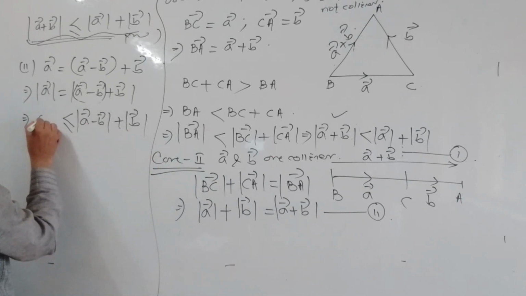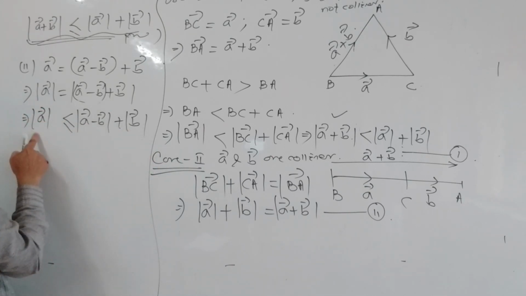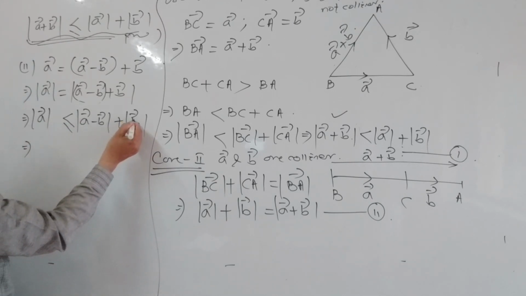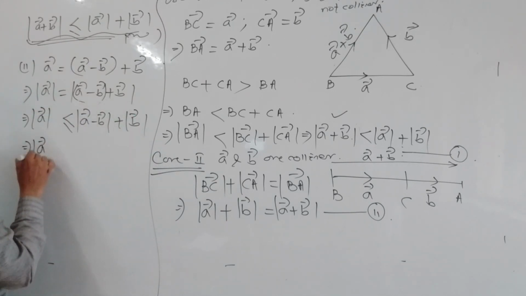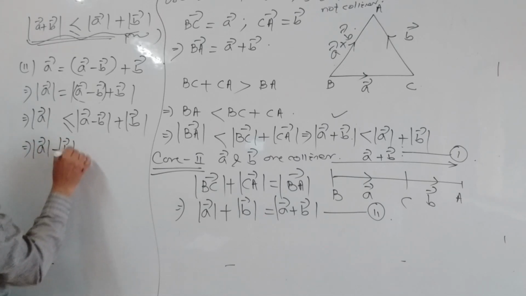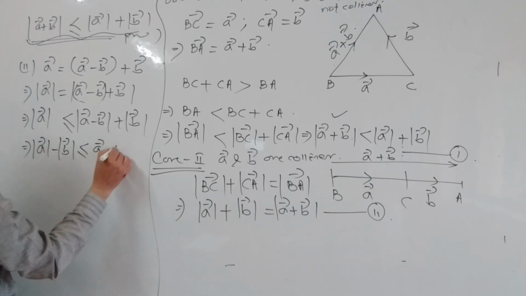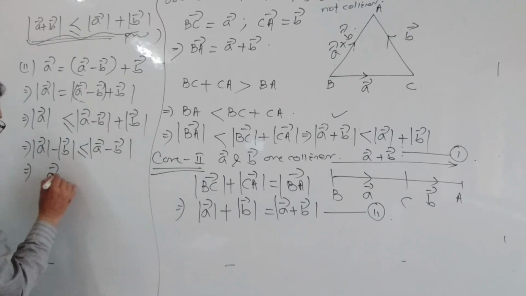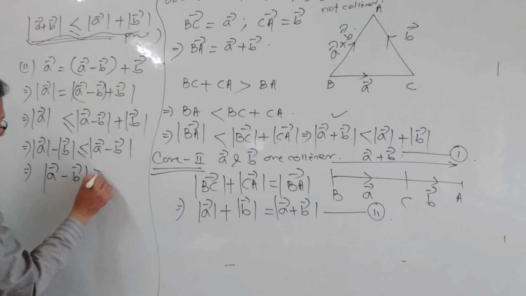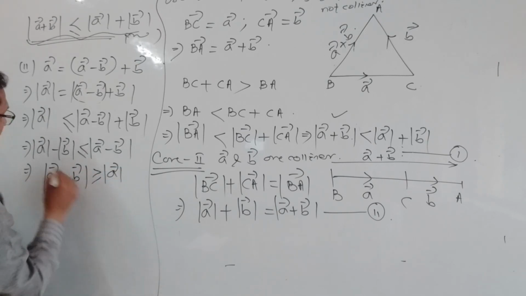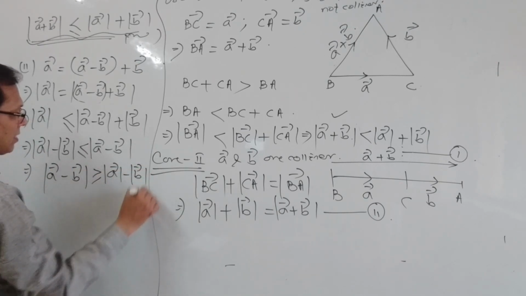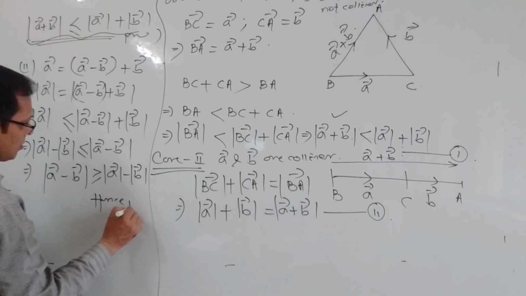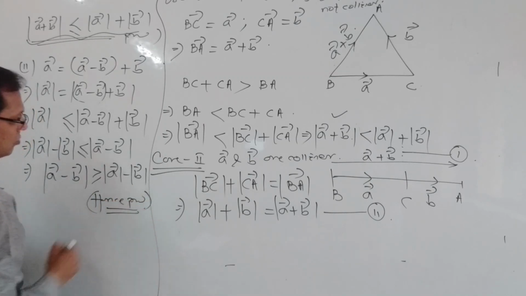Transferring B magnitude to the left hand side, A vector magnitude minus B vector magnitude is less than or equal to A vector minus B vector whole magnitude. In other words, A vector minus B vector whole magnitude is greater than or equal to A vector magnitude minus B vector magnitude. Hence proved.